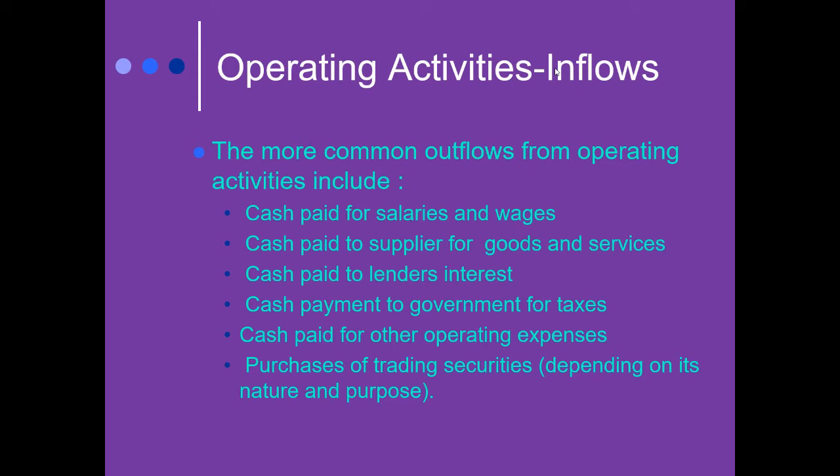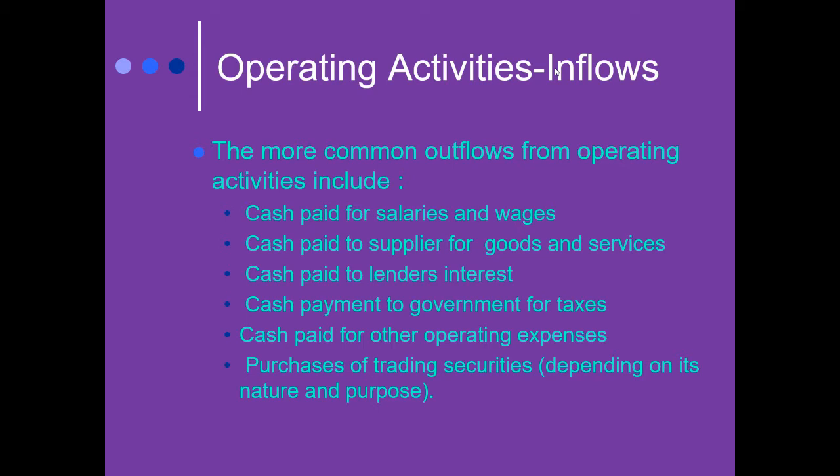Okay, then if you have borrowings from other parties, and you have to pay interest to them, so any cash payment for the interest on your borrowings will be treated as outflows under operating activities.